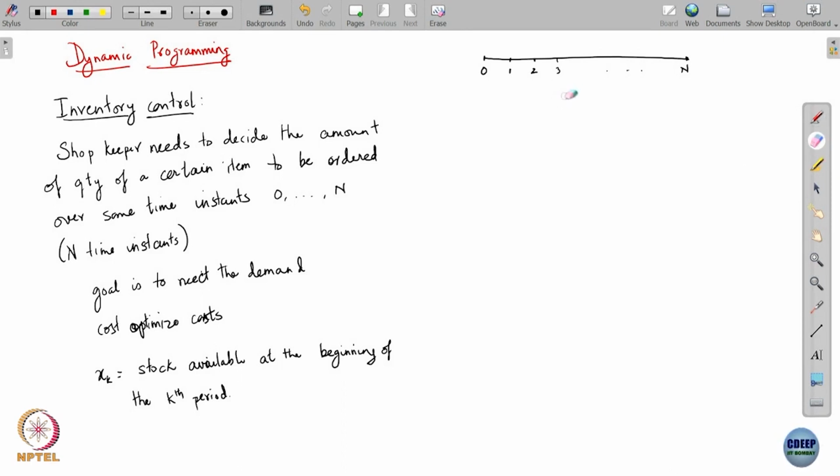You could also adopt a different convention in which you take the stock at the end of the period, but our convention is going to be at the beginning of the period. All right. Okay. So, let us denote uk as the stock ordered at the beginning of the kth period.